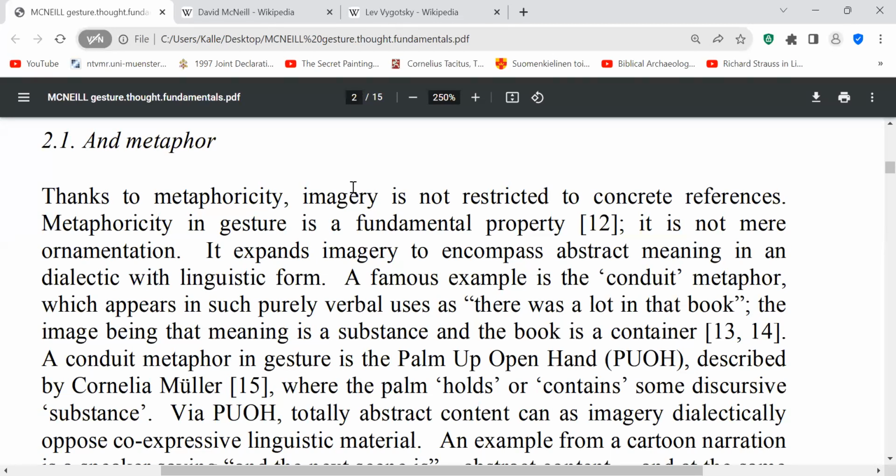It expands imagery to encompass abstract meaning in dialectic with linguistic form.